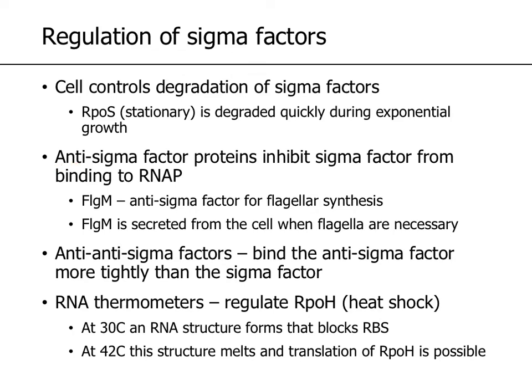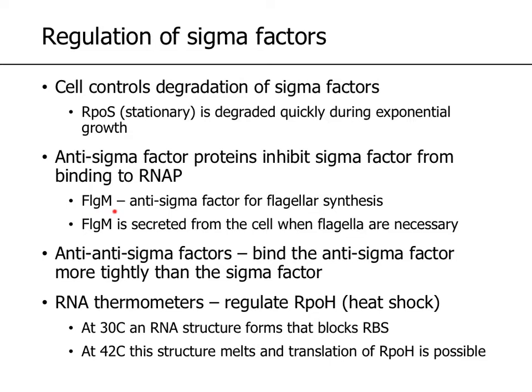The other way that sigma factors are controlled is with an anti-sigma factor protein. These anti-sigma factors inhibit the sigma factor from binding to the polymerase. Remember, the sigma factor has a spot in the RNAP, and that whole thing is what binds to your DNA. An example of this is in flagella synthesis.